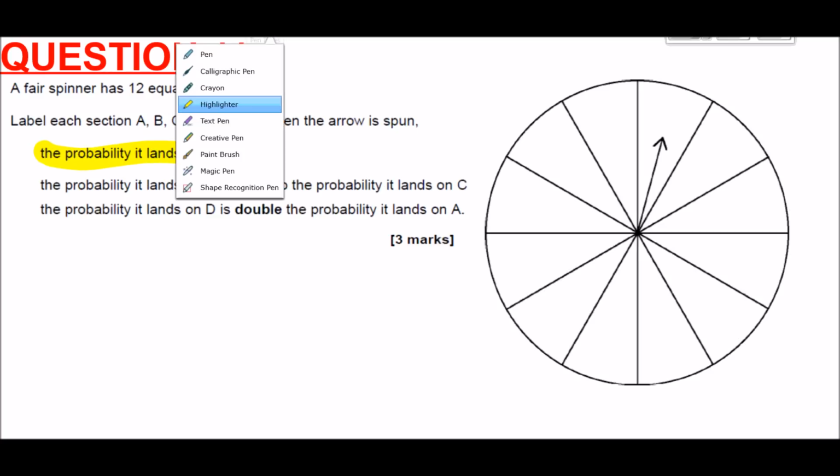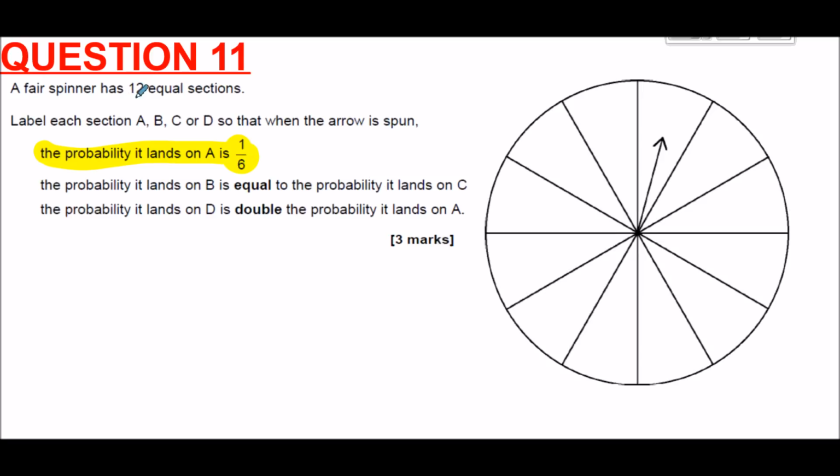If the chance of it landing on A is 1/6 and there's 12 equal sections, that must mean that 1/6 of the sections must be an A. That's got to be true if the probability of it landing on A is 1/6.